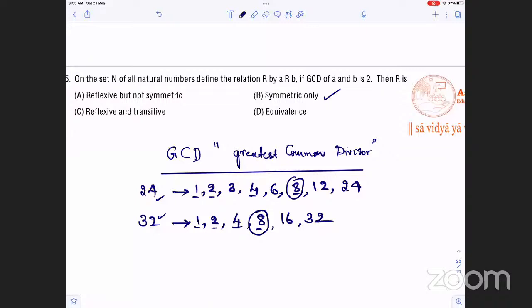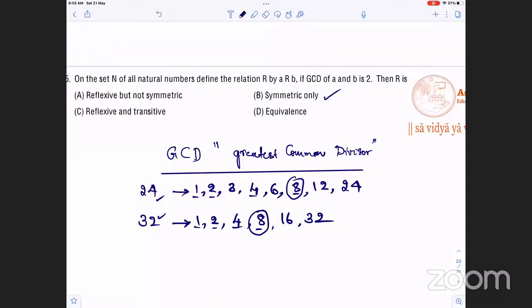If the GCD of a and b is 2, can the GCD of a and a also be 2? What is the GCD of 24 and 24? It is 24 itself. So the GCD of a and a is not always 2, so it can't be reflexive.